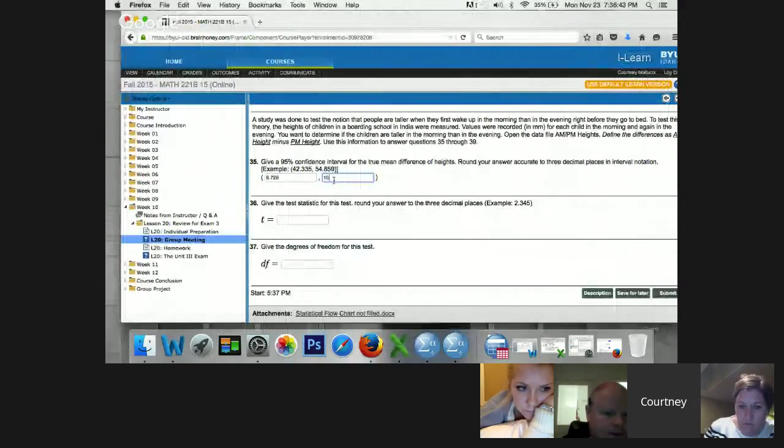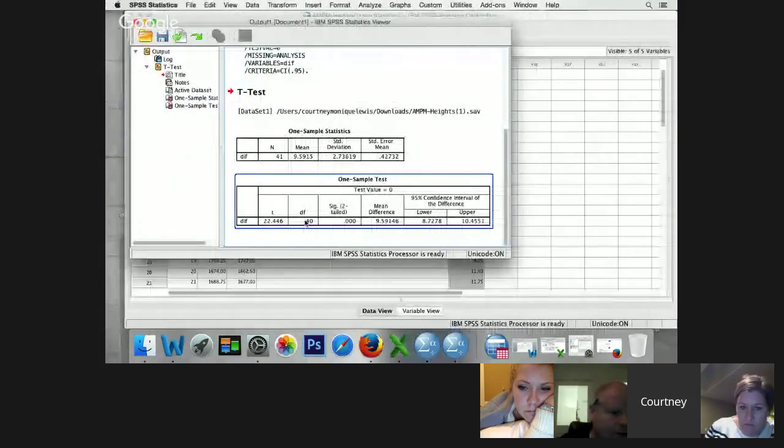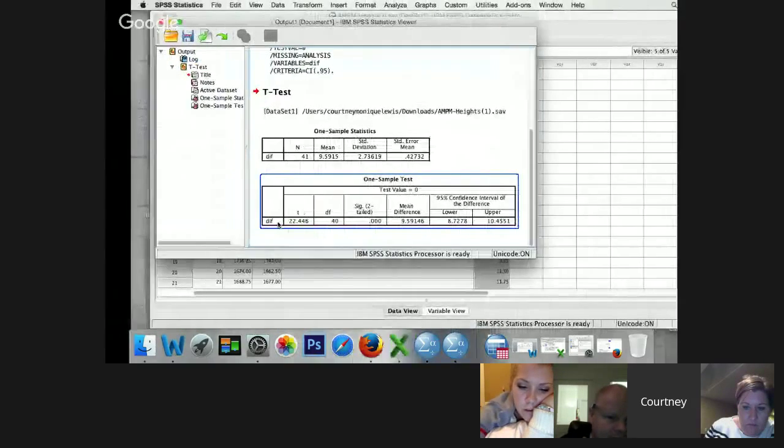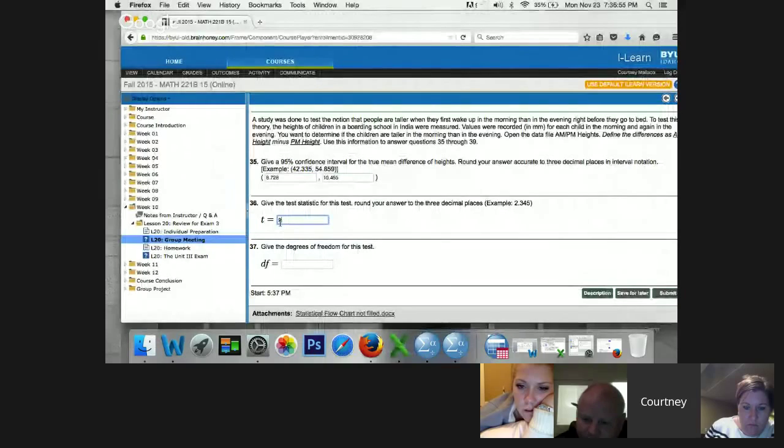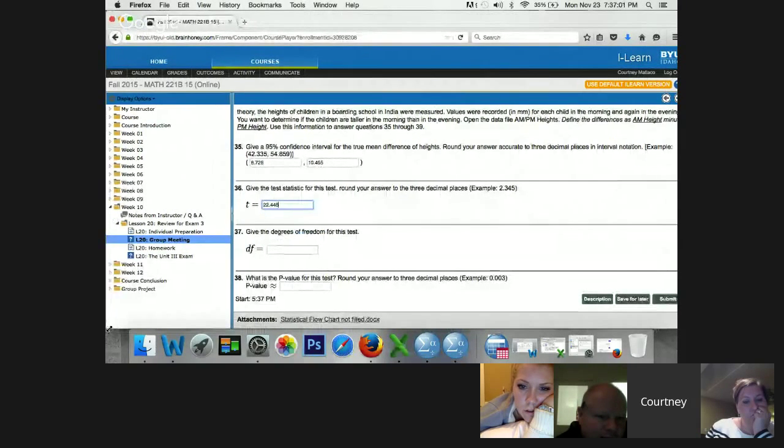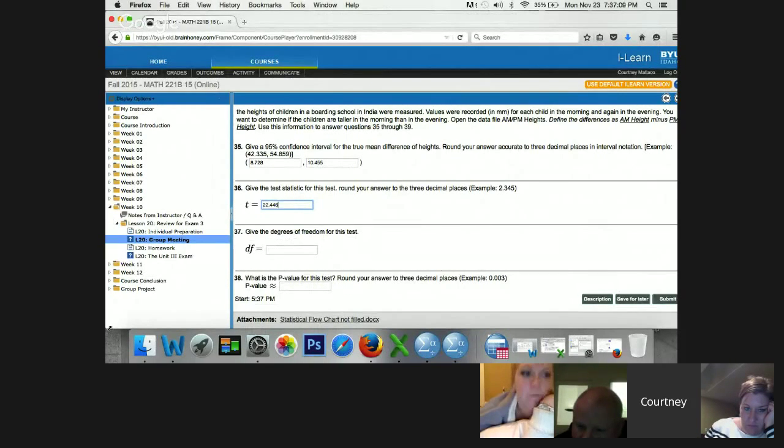Or I'm going to just do this. Okay, and then the test number 36, reread this again for me here. So 22, the confidence interval is what? Can you see my screen? I can, but I'm trying to fill it in on iLearn. 8.728 and 10.455.